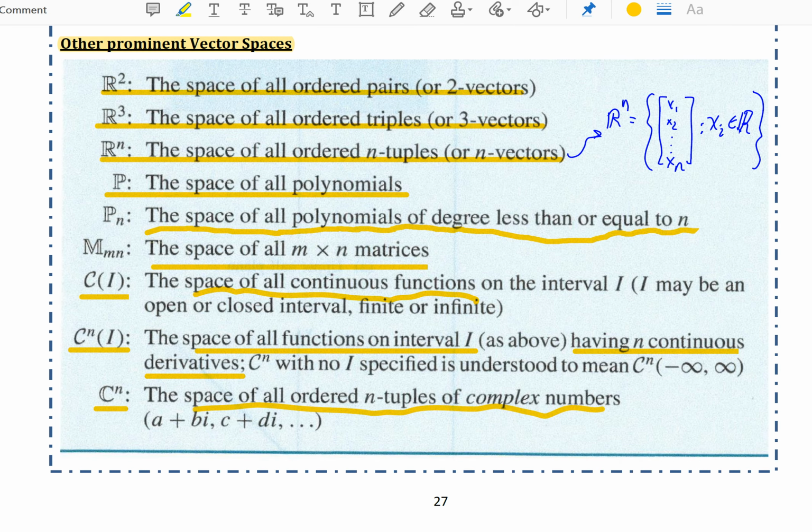So complex numbers is always a vector space. If you take two complex numbers and add them together, you still have a complex number. And maybe a quick little example so we can see that.